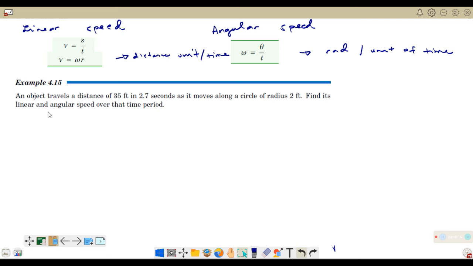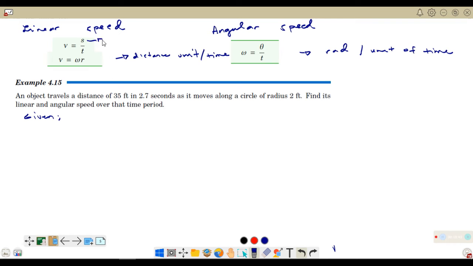Find its linear and angular speed over that time period. So before we decide kung sino yung unahin natin, si linear speed ba or angular speed, let us enumerate or enlist the given first. Ano yung mga given natin? That will give us an idea kung sino yung uunahin nating isolve. So ang una nating given, an object travels a distance of 35 feet.